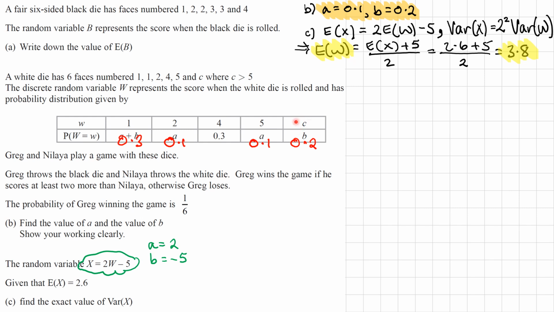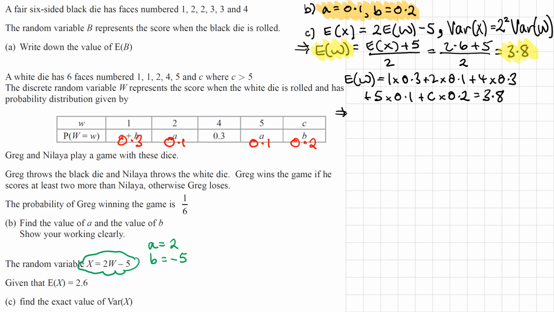Let's now see if we can calculate the value of C. So E of W is going to be equal to 1 times 0.3 plus 2 times 0.1 plus 4 times 0.3 plus 5 times 0.1 plus C times 0.2, which is equal to this 3.8, which I've just calculated.